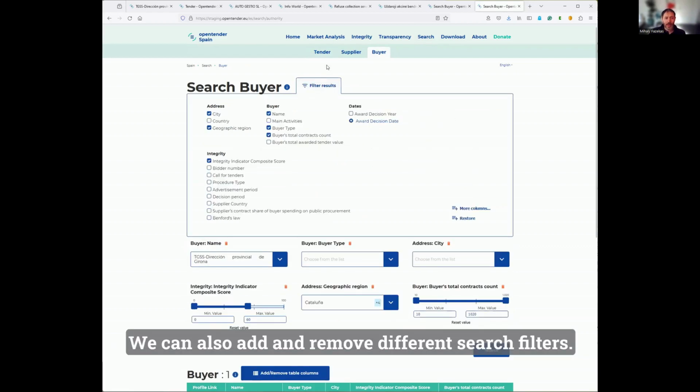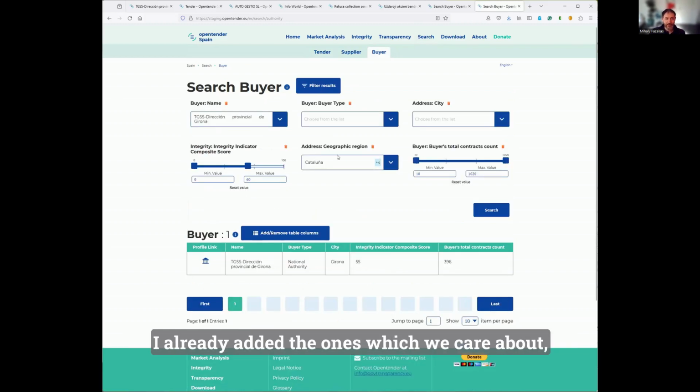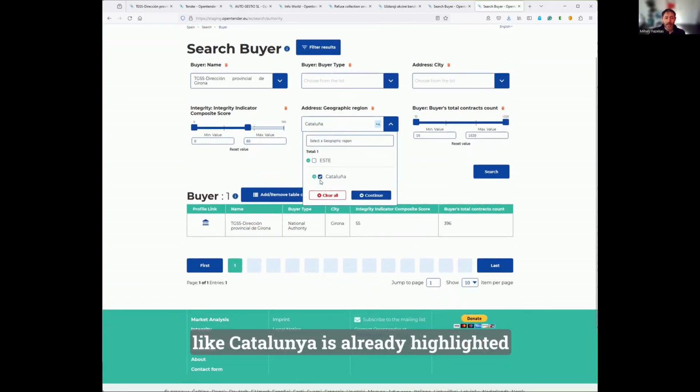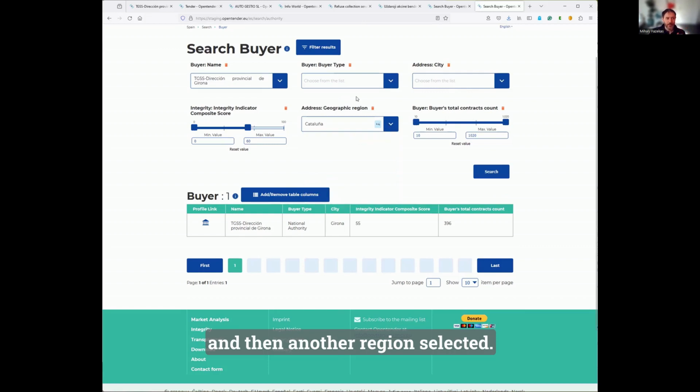We can also add and remove different search filters. I already added the ones which we care about, like Catalonia is already highlighted here in the geographical region, but of course, this could be unticked and then another region selected.